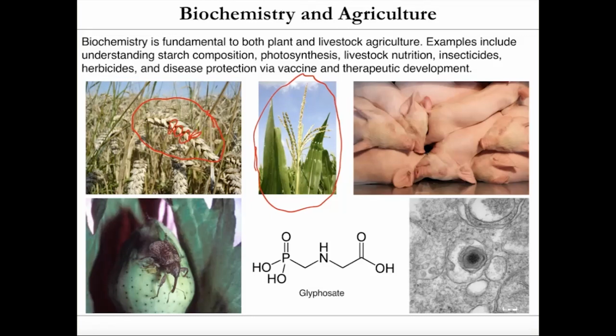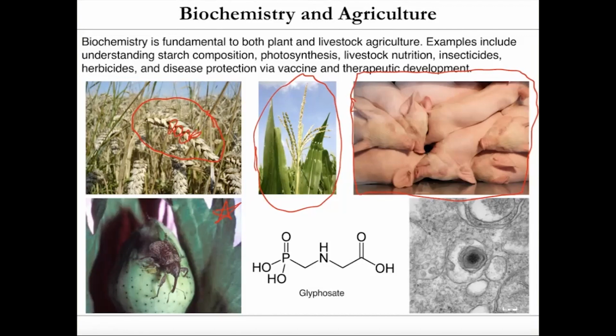Also, things like livestock nutrition that you can see right here. Knowing what type of nutrition that pigs or goats or chickens or cows need to maximize output is the purview of biochemistry. And we'll also talk about things like insecticides. There's a boll weevil on a cotton plant.